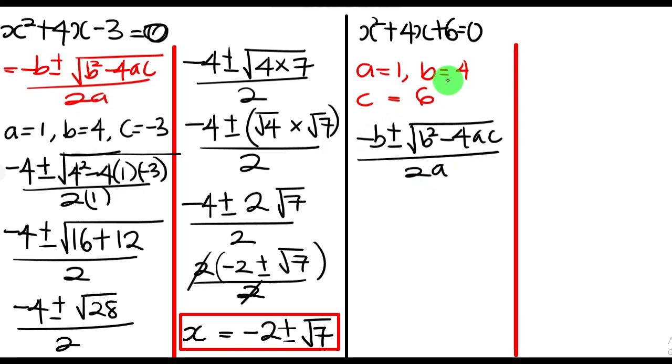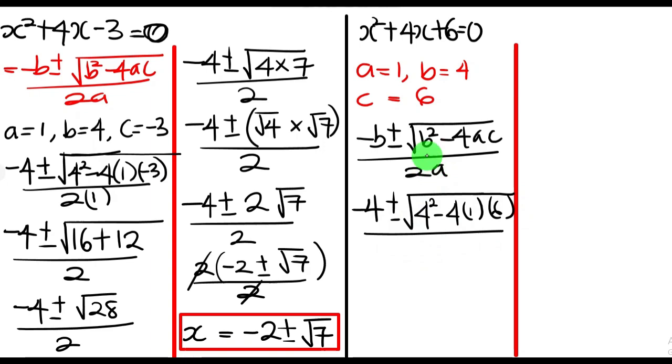So b here is 4, so we have minus 4 plus or minus the square root of b squared, which is 4 squared, minus 4. Our a here is 1, then our c is 6, so we have 6 here, everything all over 2 multiplied by a, but a is 1.